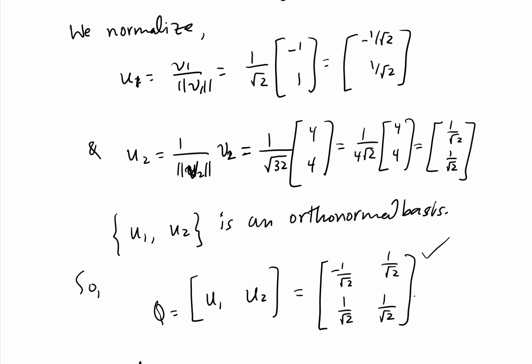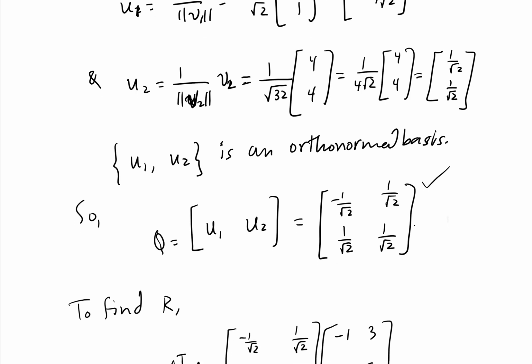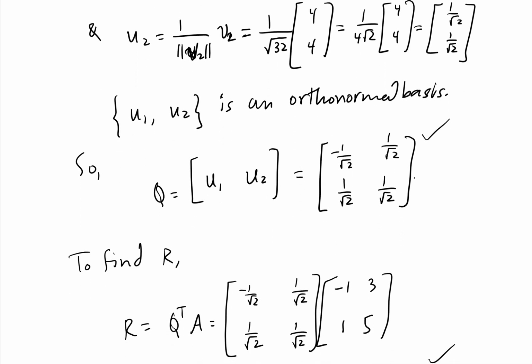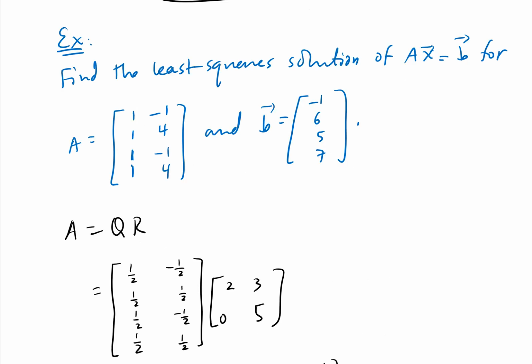Those two normalized vectors u1 and u2 form the columns of Q. And after we found Q, from Q we could find R, because R is Q transpose times A. So back to this one, that's how we found Q and R. I didn't show the process here, but it's easy to do using the previous section.